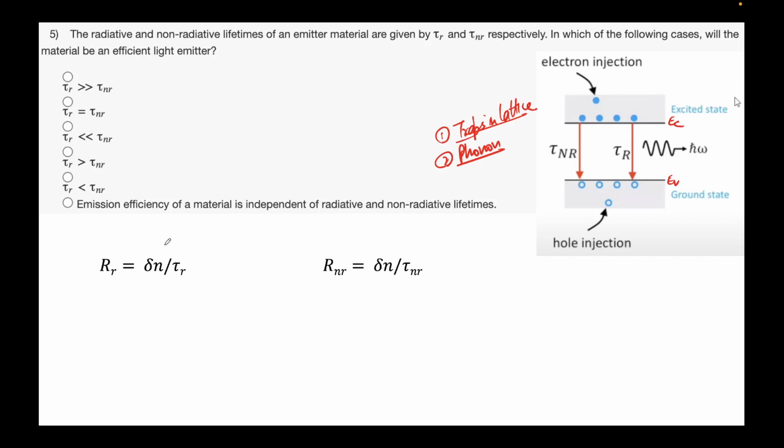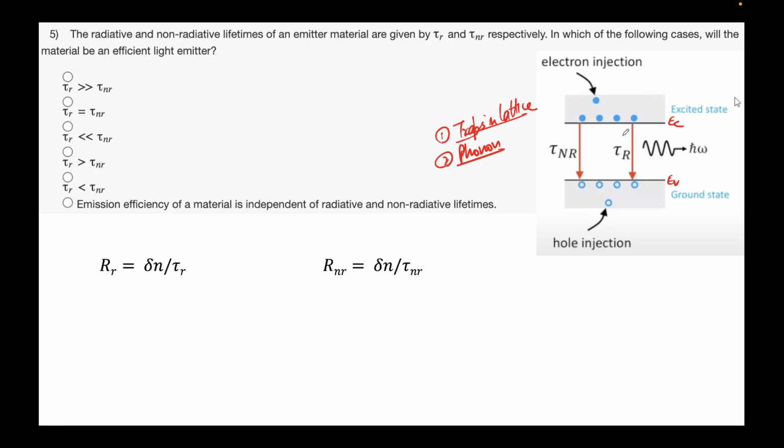So this R is your recombination rate, right? And the small r subscript stands for radiative, and it will depend naturally on the amount of electrons that you are injecting, the excess electrons delta n in this case, over the radiative lifetime. Everything that is happening will take a certain amount of time.